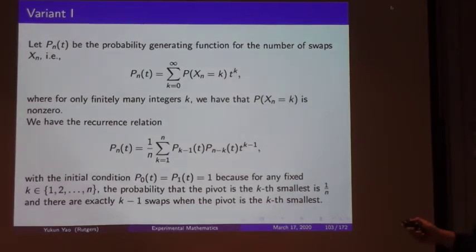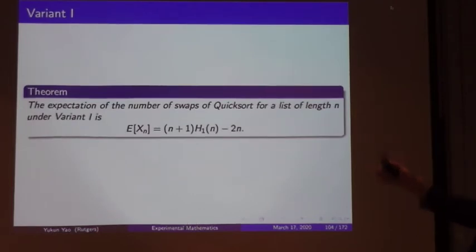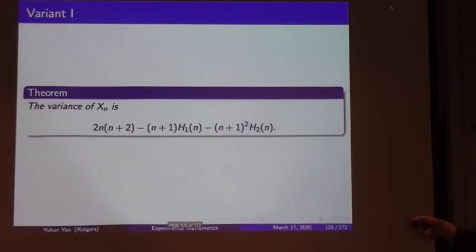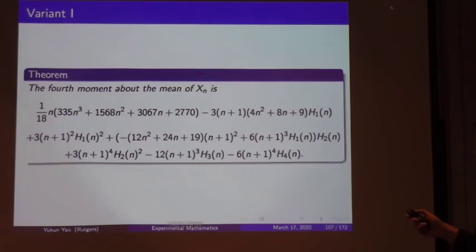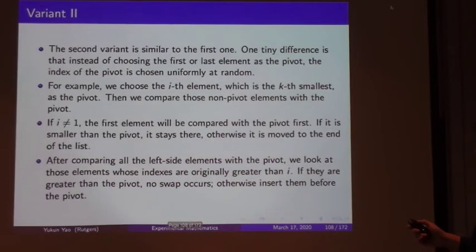Then from this recursive relation, we can get the expectation, variance, third moment, and the fourth moment. So we want to improve it a little bit.